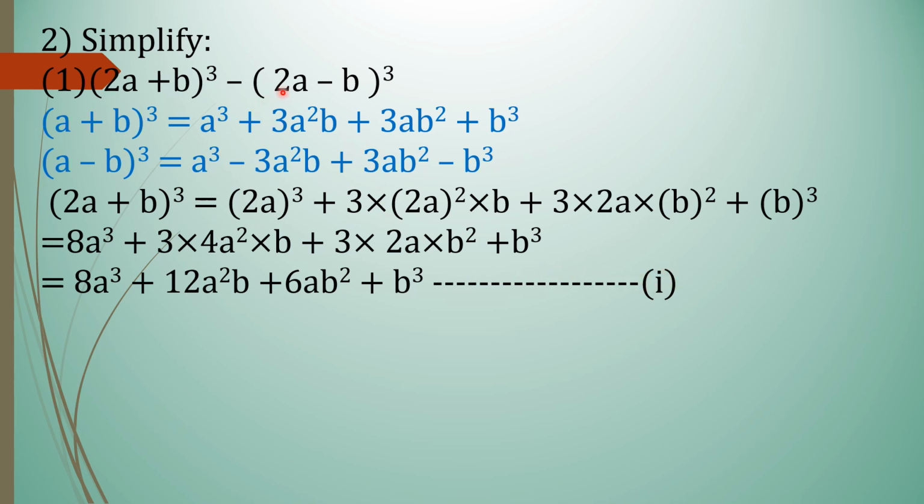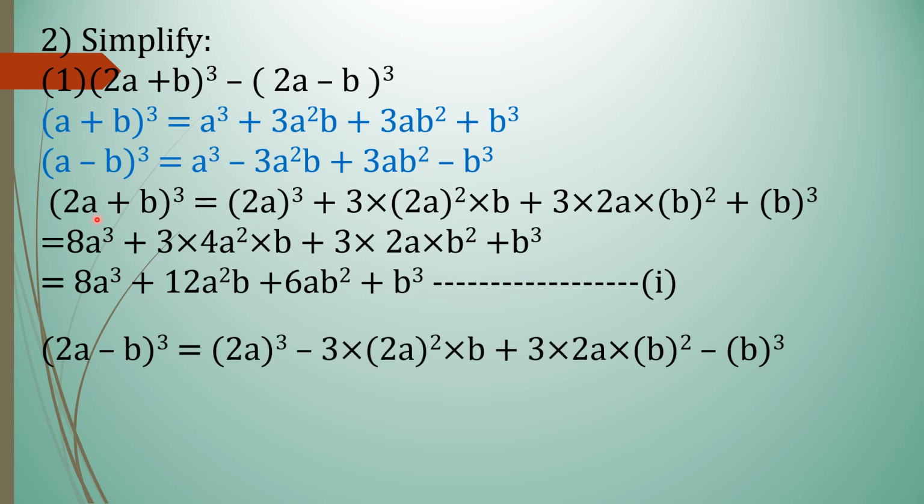Now students, we will solve 2a minus b the whole cube. So similarly we have to solve 2a minus b the whole cube using the formula a minus b the whole cube. So what will become, students? 2a the whole cube minus 3 into 2a the whole square into b plus 3 into 2a into b the whole square minus b cube.